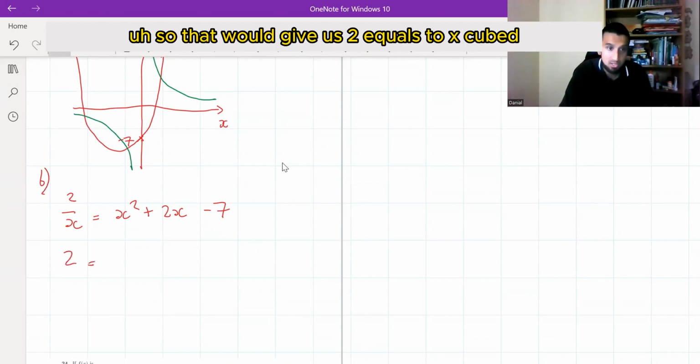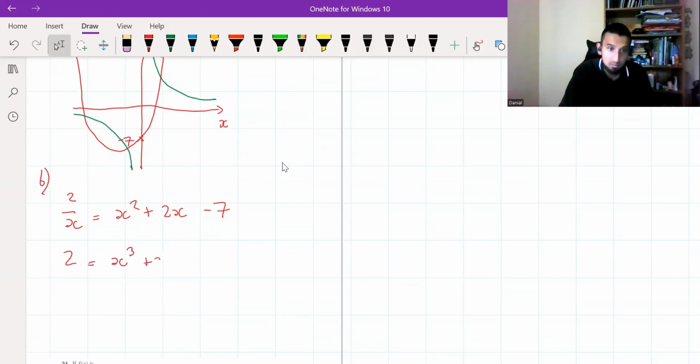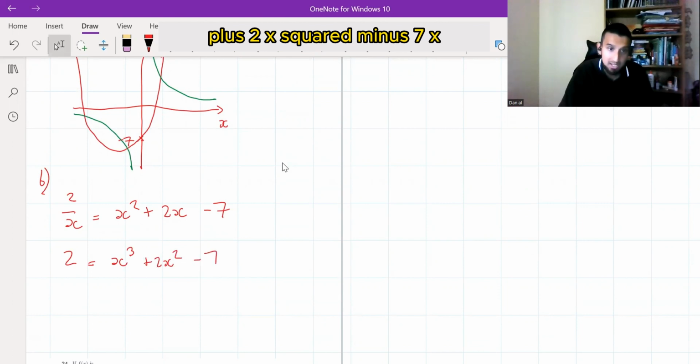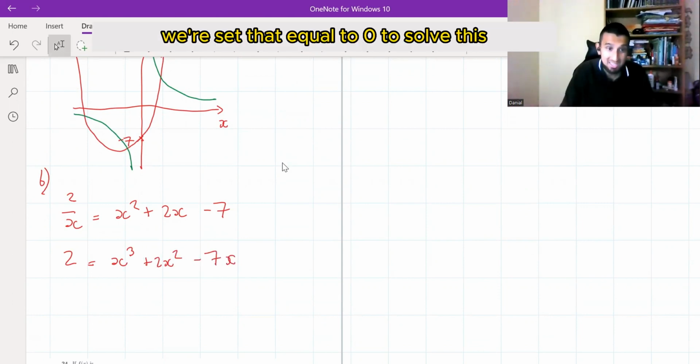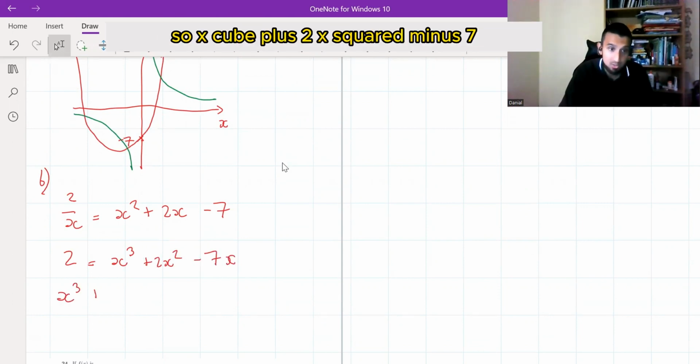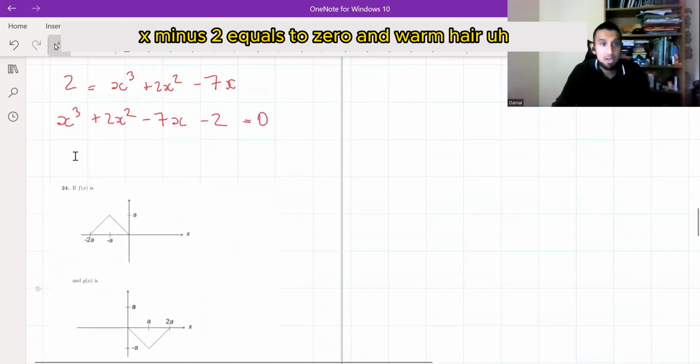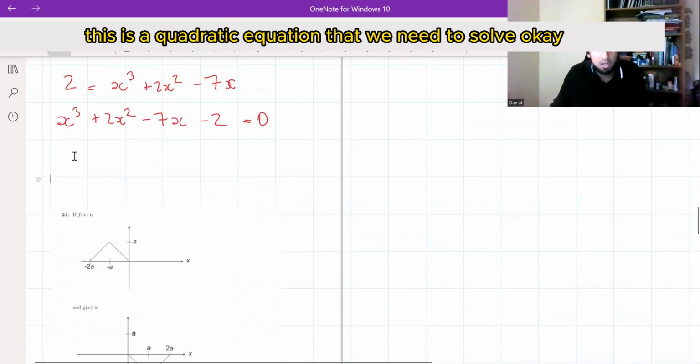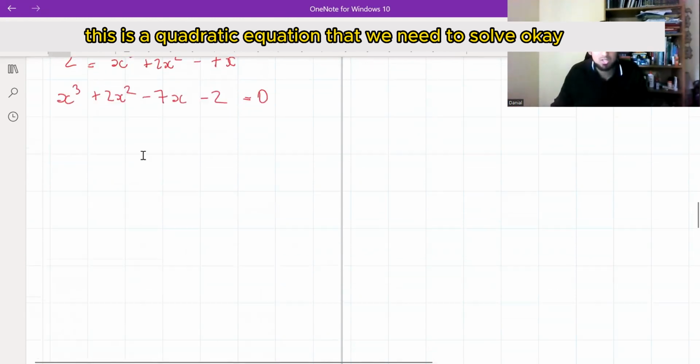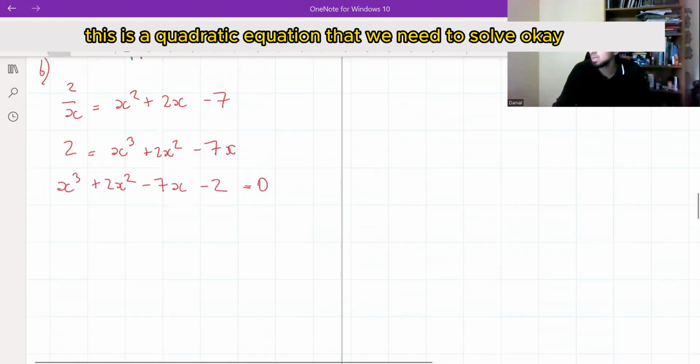That would give us 2 equals x cubed plus 2x squared minus 7x. We want to set that equal to 0 to solve this. So x cubed plus 2x squared minus 7x minus 2 equals 0. And from here, this is an equation that we need to solve, okay?